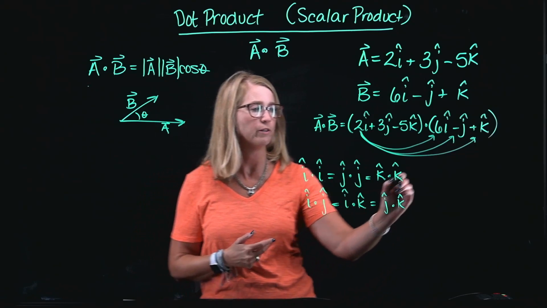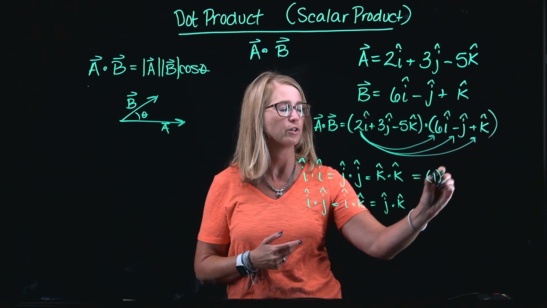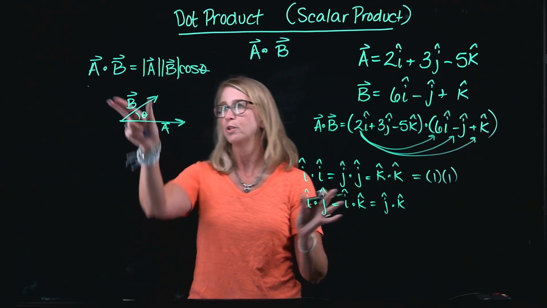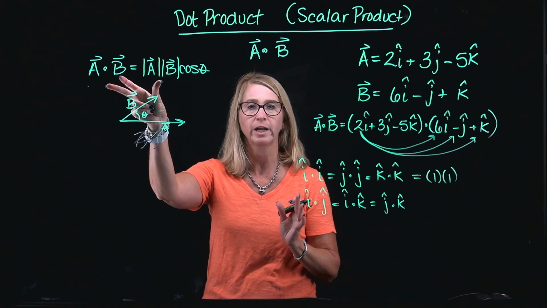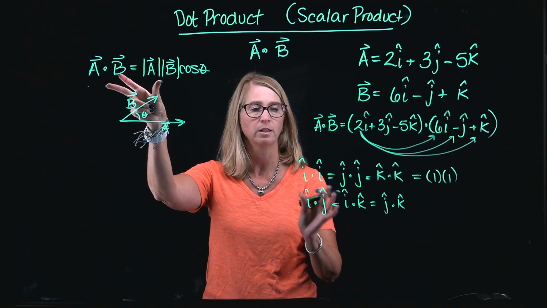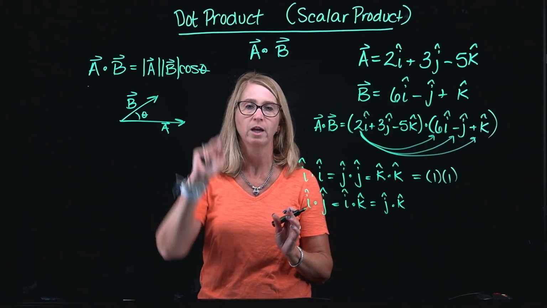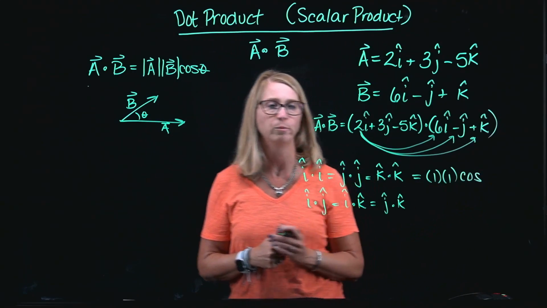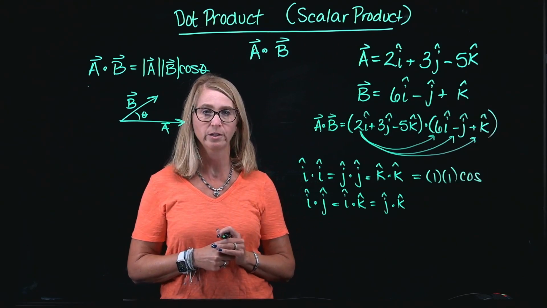When we talk about unit vectors, the thing about a unit vector is the magnitude of all unit vectors is 1. So using this format for calculating the dot product would give us 1 times 1, and then the cosine of the angle between the 2 unit vectors in this case.